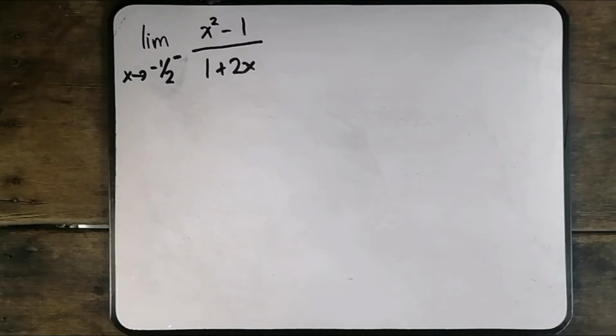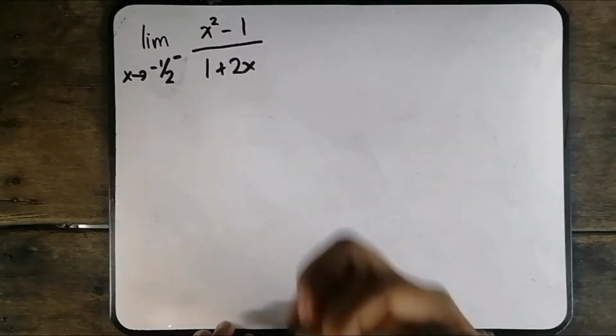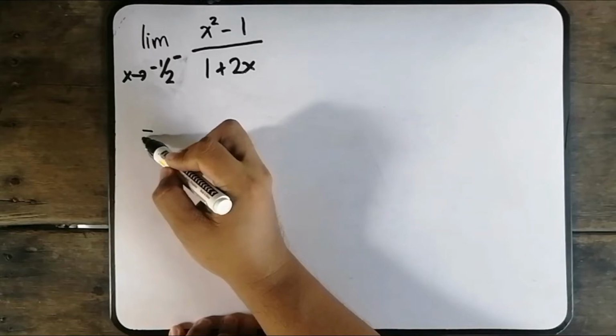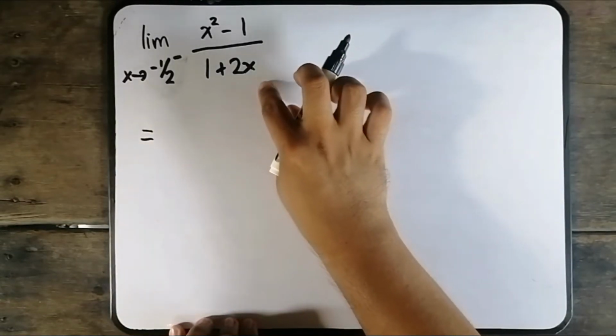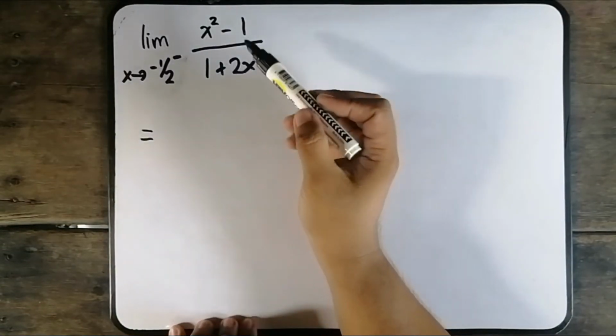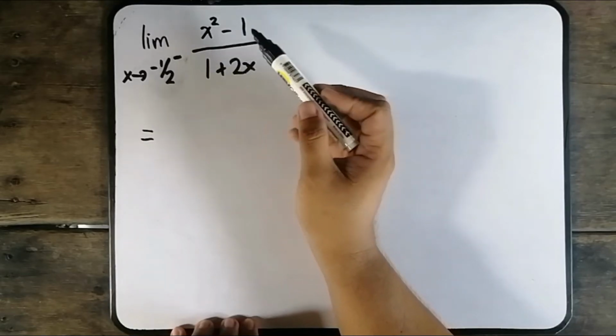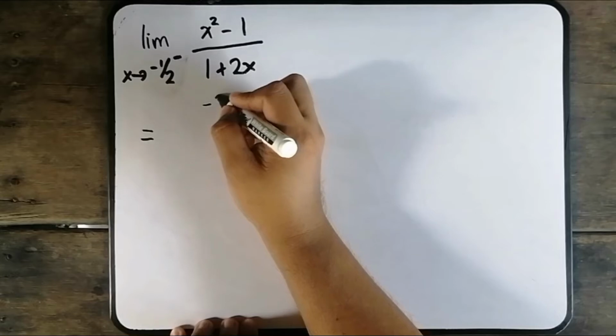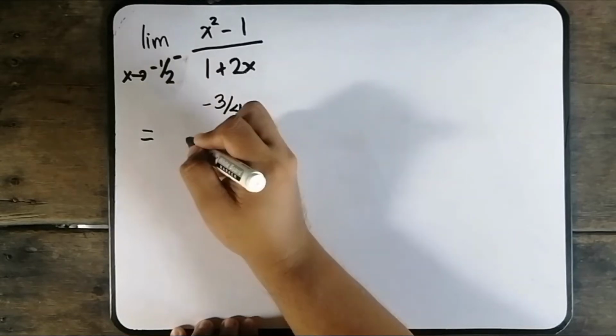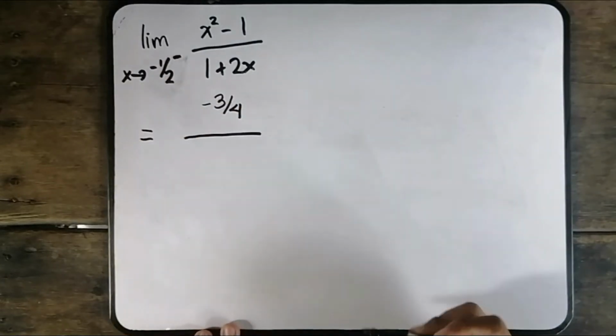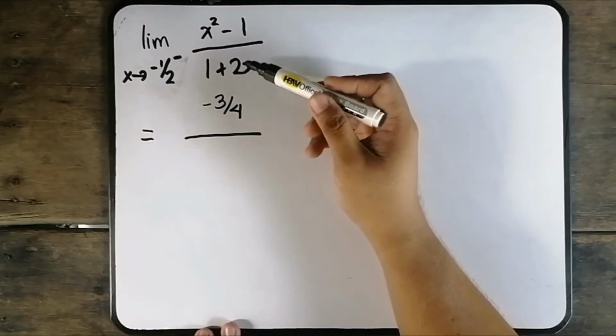So we evaluate the limit of x squared minus 1 over 1 plus 2x as x approaches negative 1/2 from the left. So since wala naman tayong kailangang i-factor sa denominator, we can directly substitute. So negative 1/2 squared, that is 1/4, minus 1 is negative 3/4, divided by 1 plus 2 times negative 1/2.